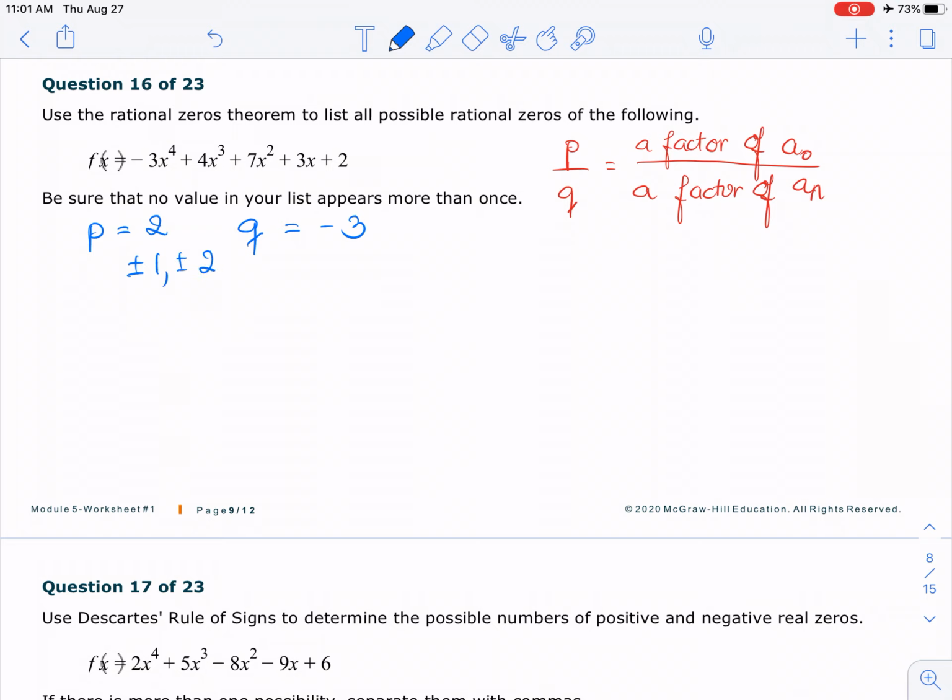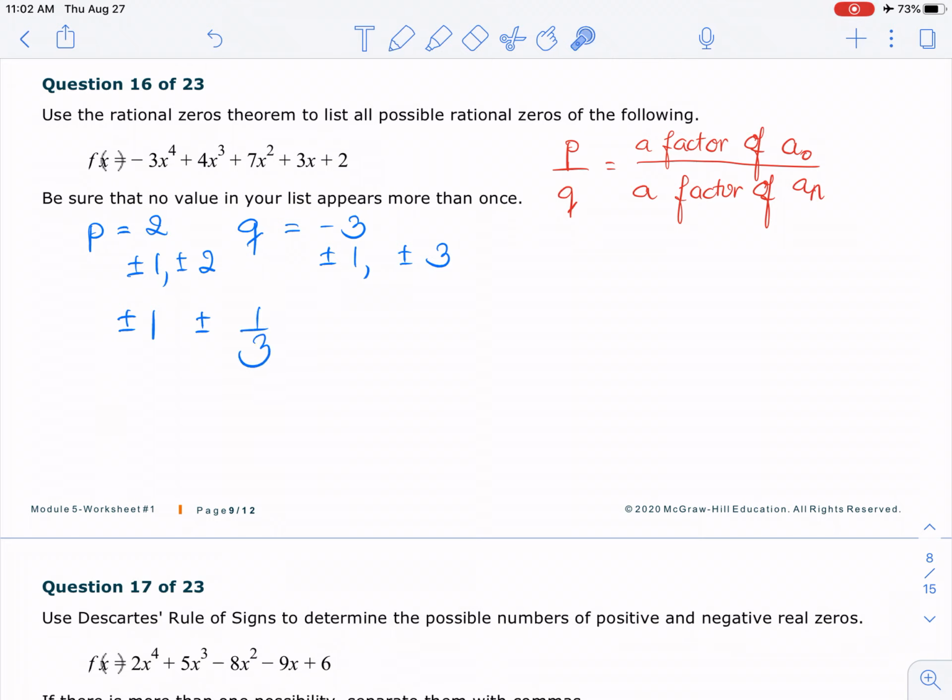The factors of 3 are plus and minus 1 and plus and minus 3. So I'm going to put all of them together. We have 1 over 1, so plus and minus 1, and then plus and minus 1 over 3.